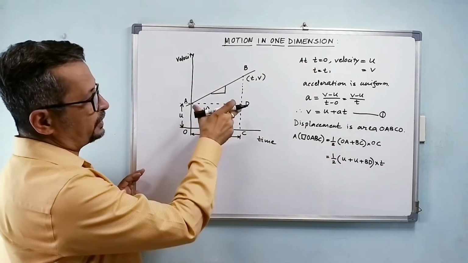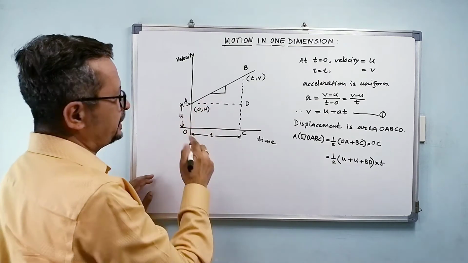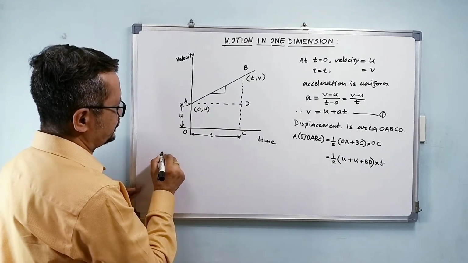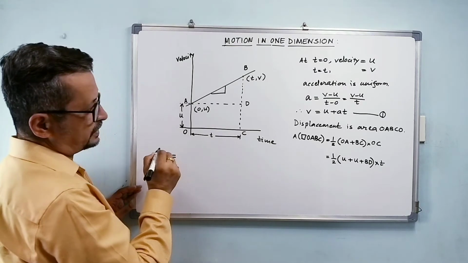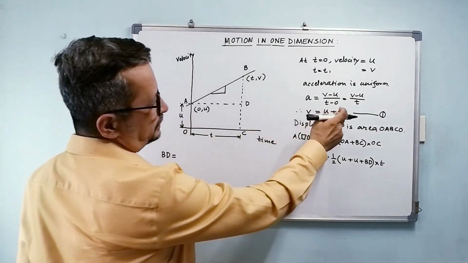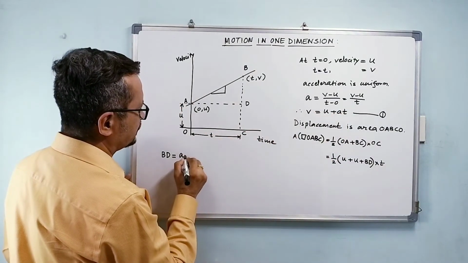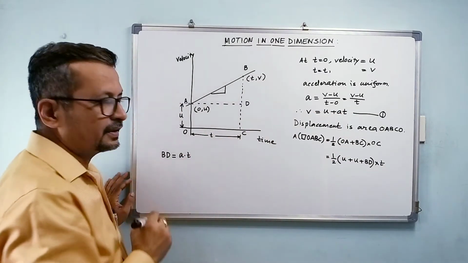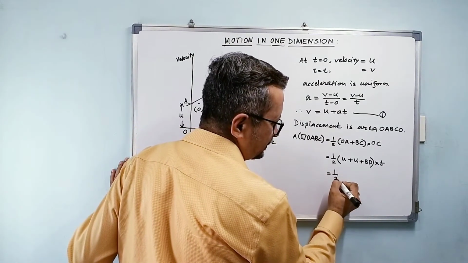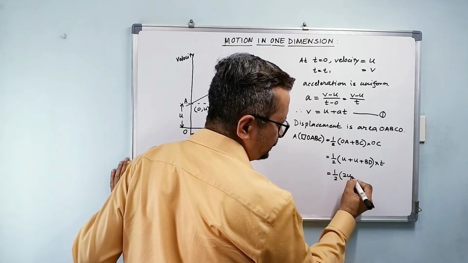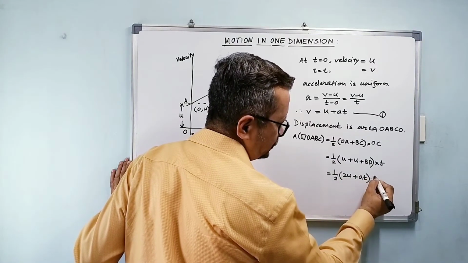Now what is BD? My BD is equal to, is it not, at? So I'll just write it here: half into 2u plus at, into t.